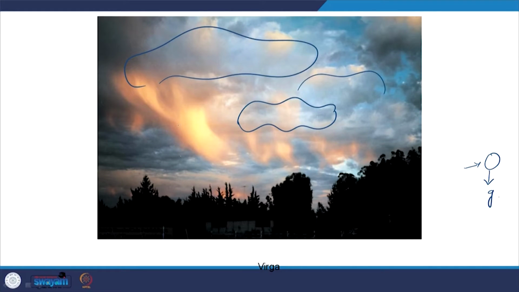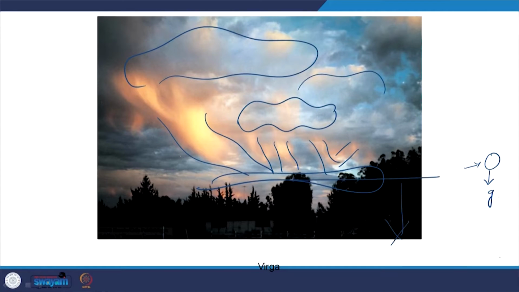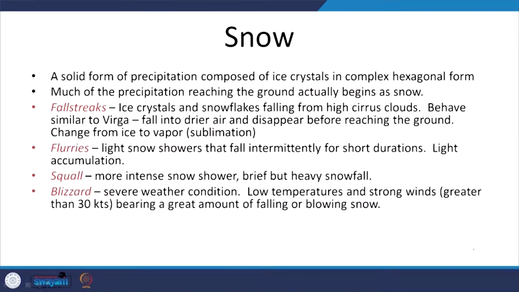But the precipitation is so light that what is released is not reaching the surface. So, this type of precipitation is not going to make it to the surface. This is called virga, right. So, that was something about the precipitation in the form of liquid water.